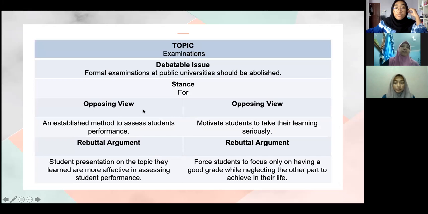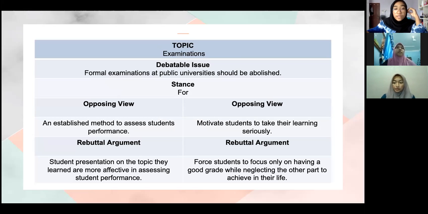Okay, next we continue to question number 2. The topic given here is about examinations, and debatable issue here is formal examination at public university should be abolished, and the writer stands for this issue.